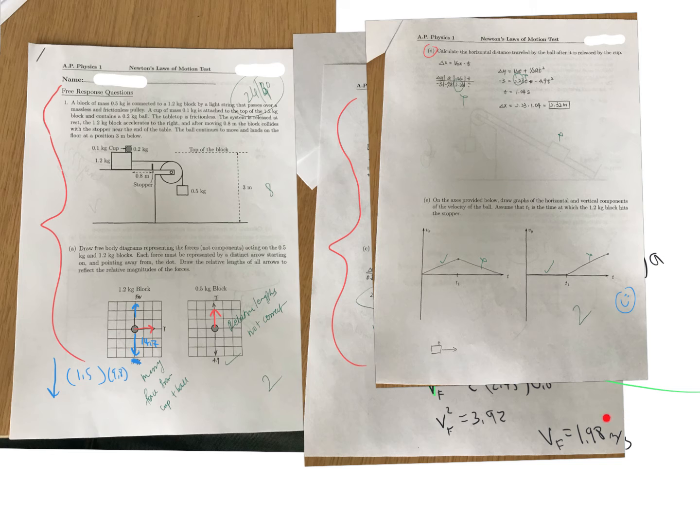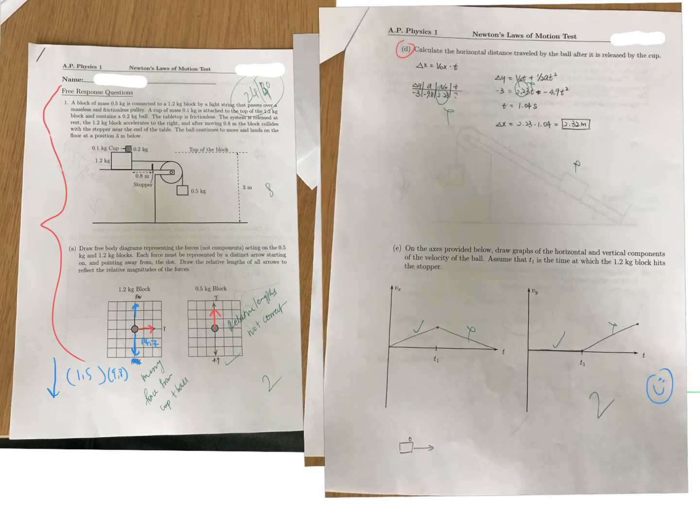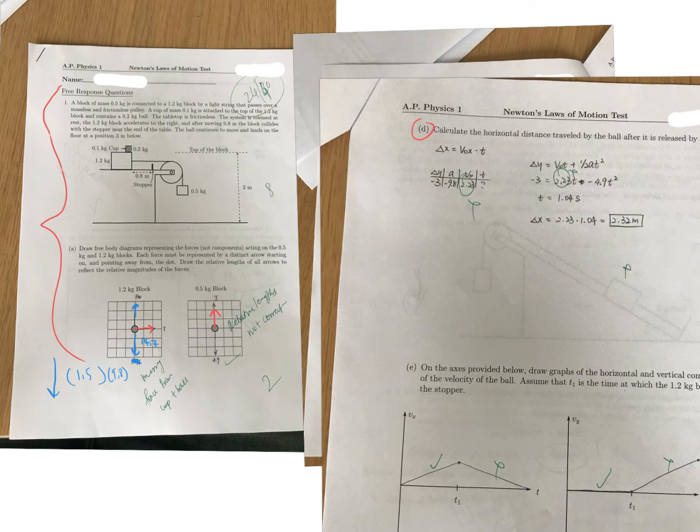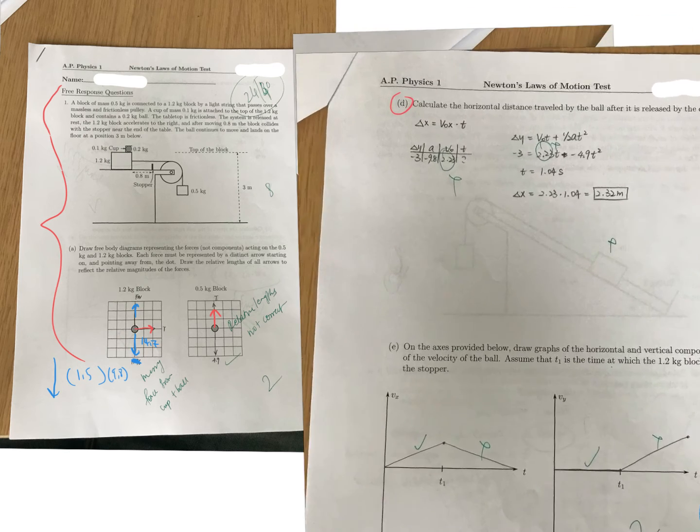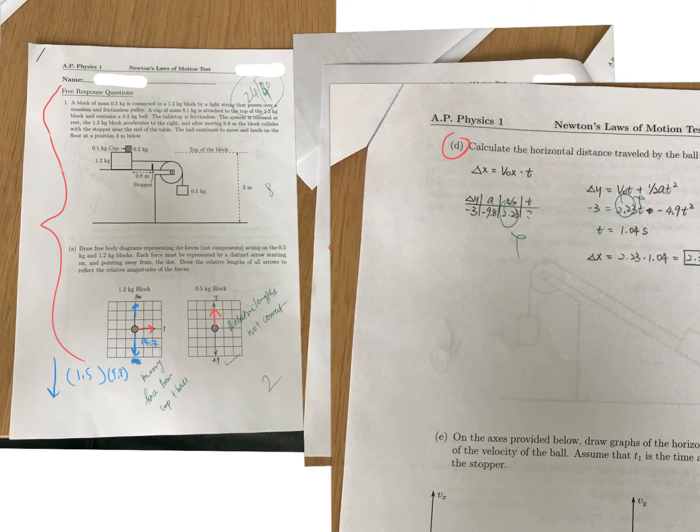So assuming we did this correctly, I don't think I made a careless mistake, but assuming there were no careless mistakes, the final velocity of the ball when it hits the stopper is the original velocity of the ball as it flies in that direction for this analysis. So I am with my student 100%. So it just looks like it should be 1.98 right there. So this right here should be 1.98.